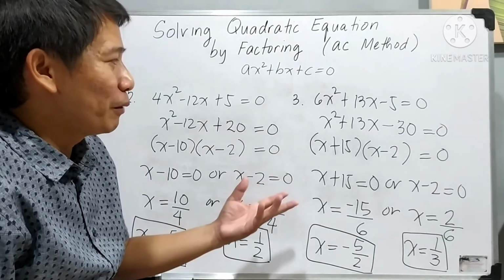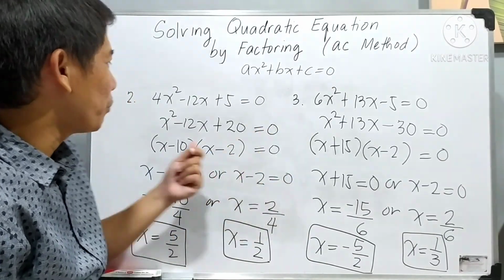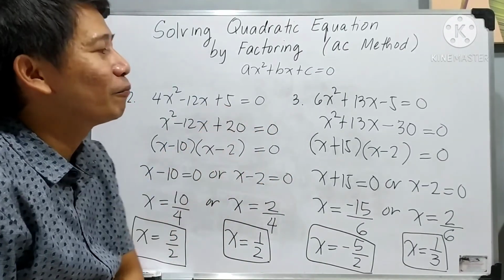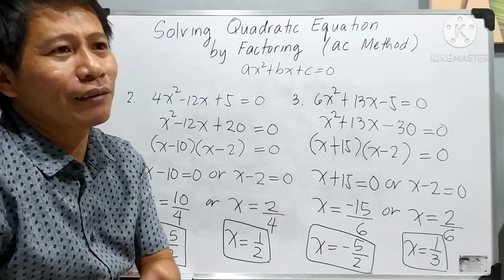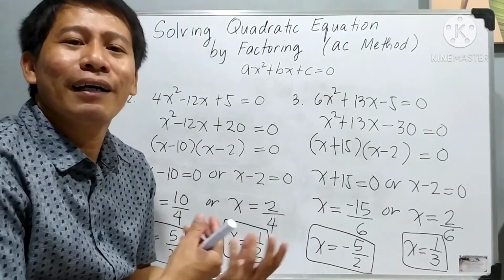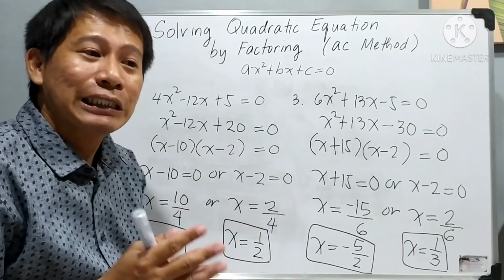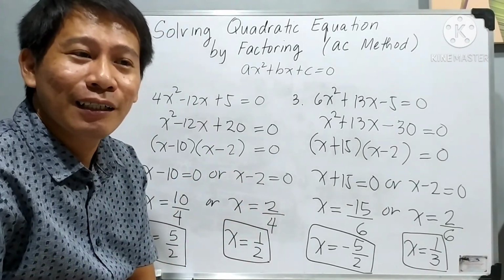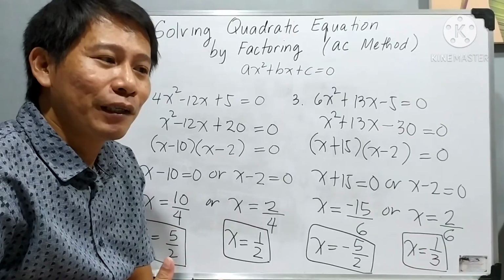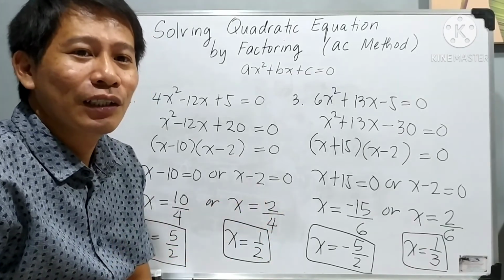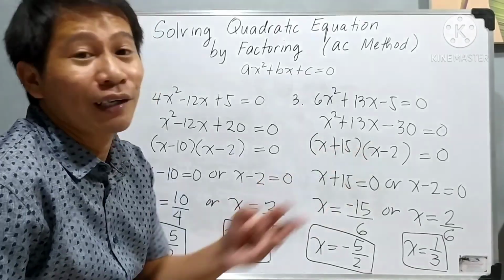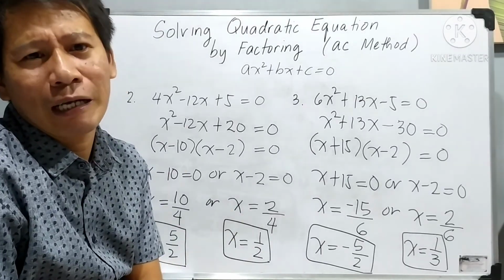Pag di ba, remember, ang AC, minumultiply natin si A at saka si C. So, ang disadvantage, pag minultiply natin si A at saka si C, naging malaking numbers, let's say naging hundreds yan. At pag malaki ang number, maraming factors, so mahirap hanapin yung mga factors. Yun lang yung disadvantage niya.